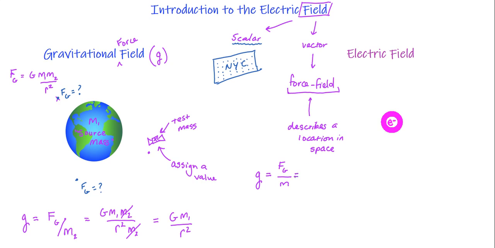In terms of location, we would rather write it as G times the source mass, so I'm going to put a little s there, divided by R squared, with R being the position at some distance away from the object.